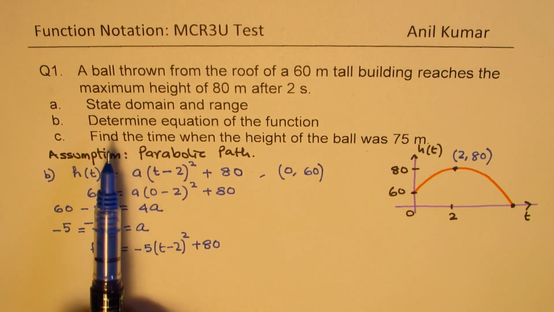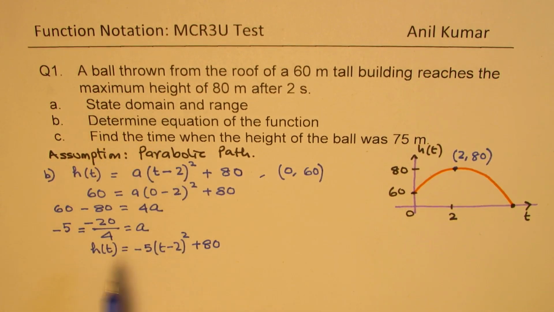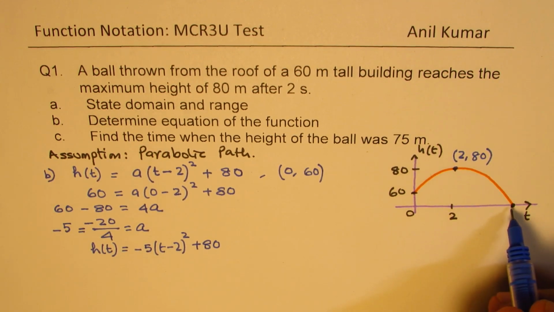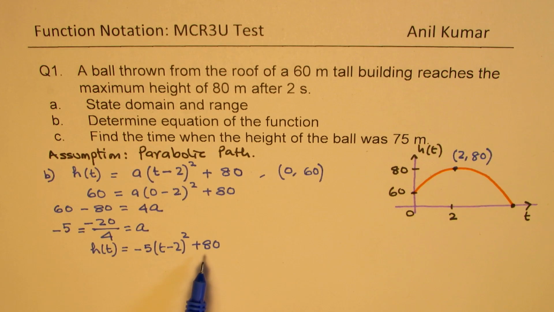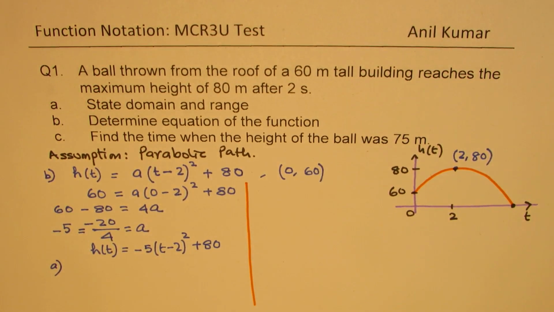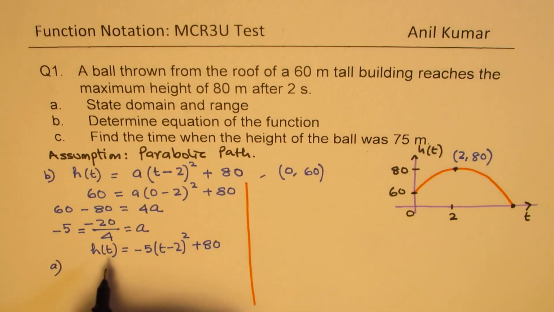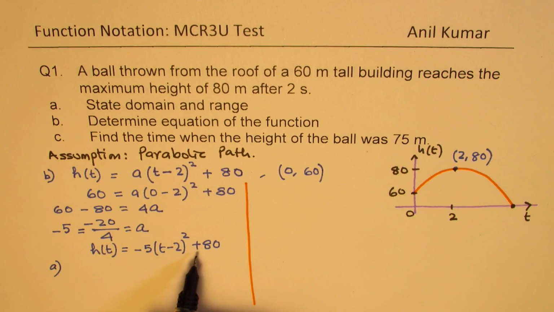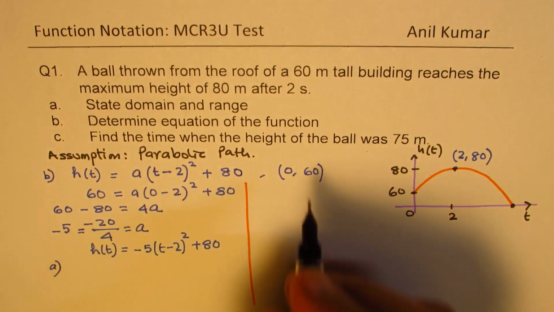Now let's figure out when will the height be 0. So at this point height is going to be 0. Now let's answer part A. So we have the equation h of t equals minus 5 times t minus 2 whole square plus 80.